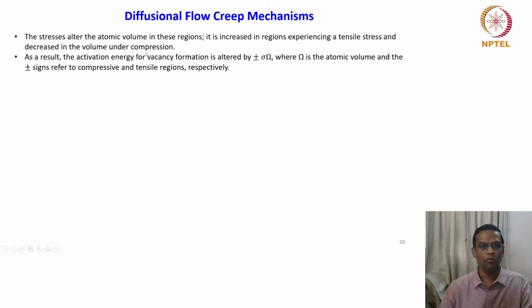Okay, so now we are talking about the activation energy for vacancy formation being altered by the factor sigma times volume. So always we are looking at the microstructural dimensions here. Okay, so stress times volume. Even in the previous case, we looked at a stress times volume term, right?